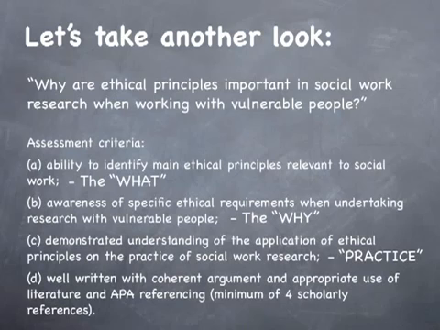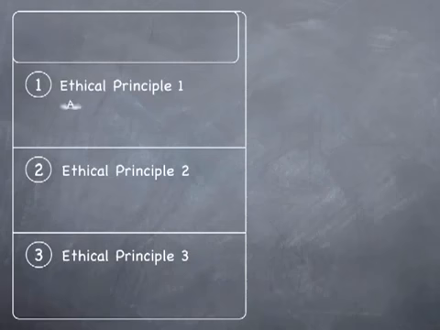Now, under each principle, you could answer the question, so what is the principle? Then you could go to B and talk about why this principle is important. And then C, what is the practical application of this principle? This is the way it would work.